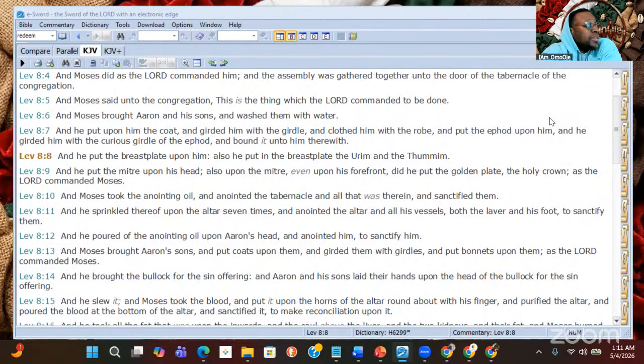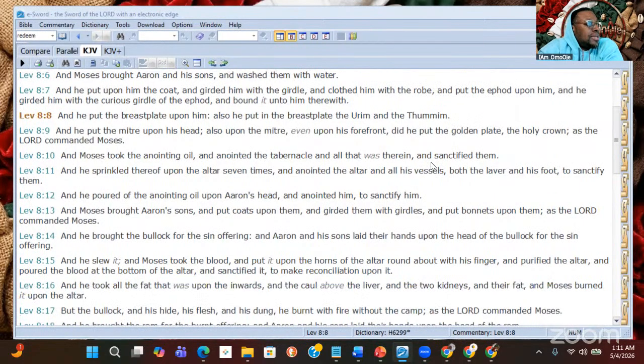And he put the breastplate upon him. Also, he put in the breastplate the Urim and Tumim. Again, this is something that they don't know what it is. These are the tools of divination, but they don't know what they are. Just to be honest, they don't know what these things are. If you look at the definition, they say uncertain origin of what it is.